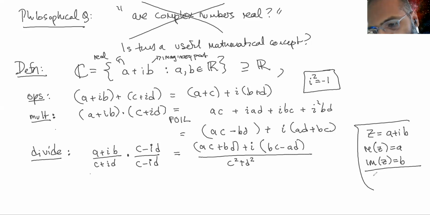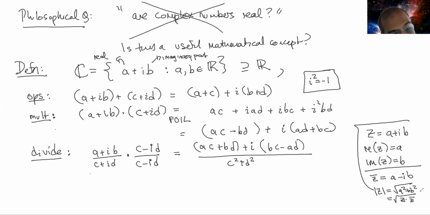Another property to write down here is that the complex conjugate, z bar, is just the same number but with the imaginary part flipped. And the magnitude of a complex number is the square root of a squared plus b squared, which is the square root of the number times its conjugate.